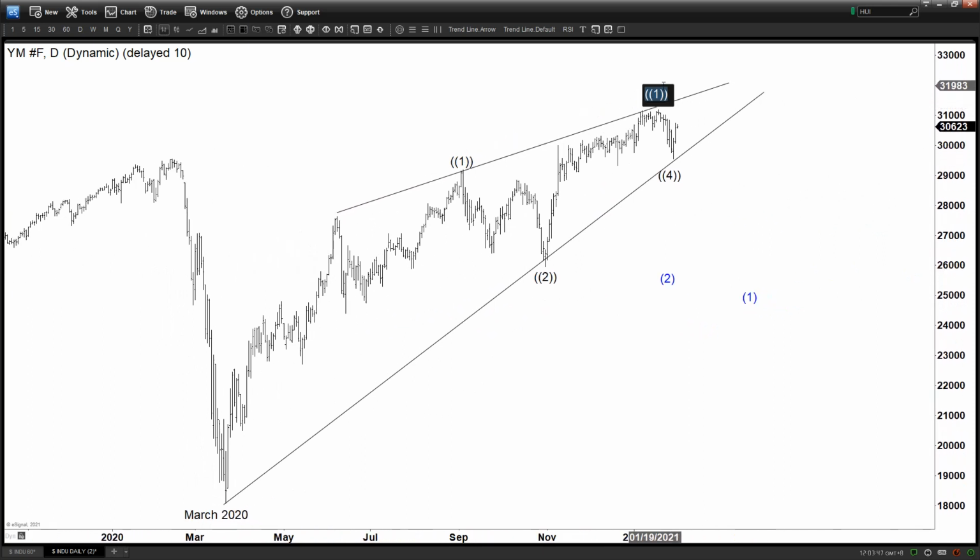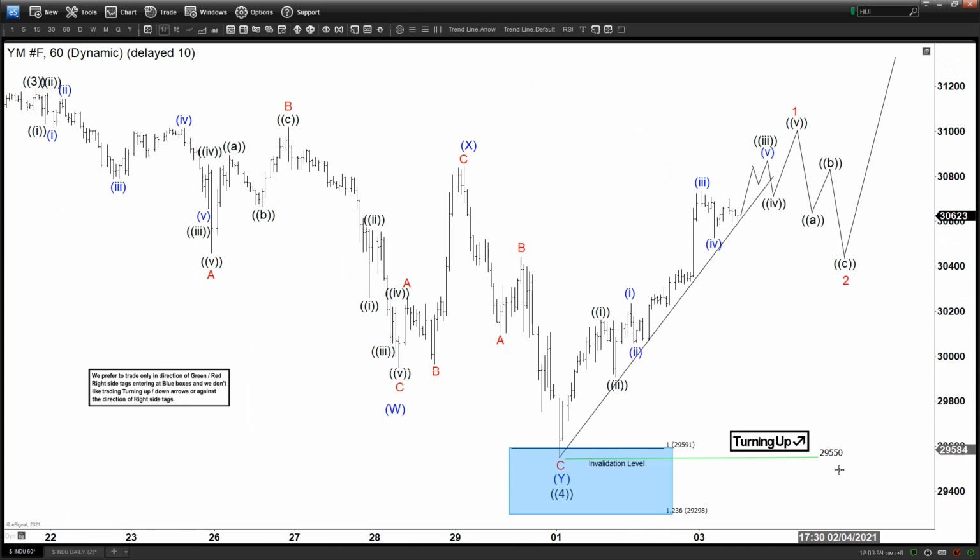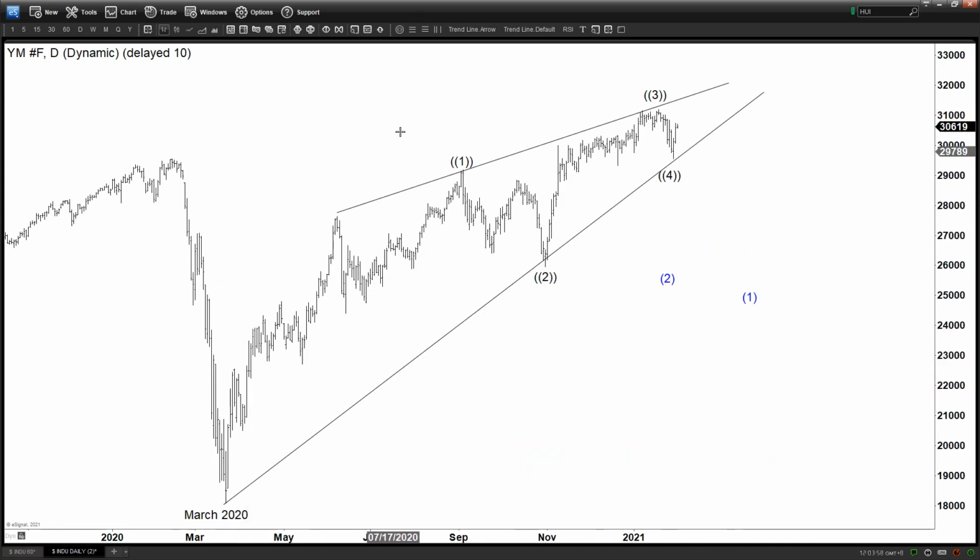One more thing I want to mention: let's suppose instead we break below this previous low. If we break below that low, I think we can consider this cycle from the March COVID-19 low finally completed, because that would be too big a move, and it suggests that this cycle is finished. Then you can call this entire move ending as some sort of wave one, and correct this entire 1 year rally.